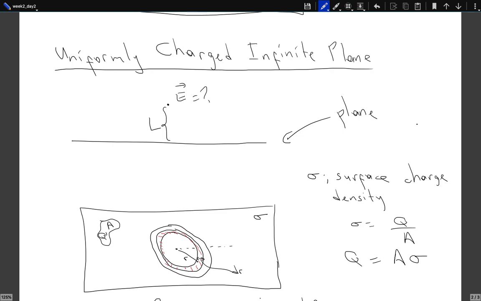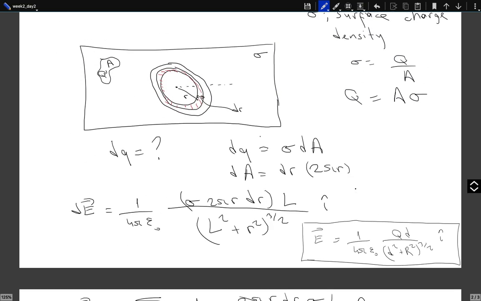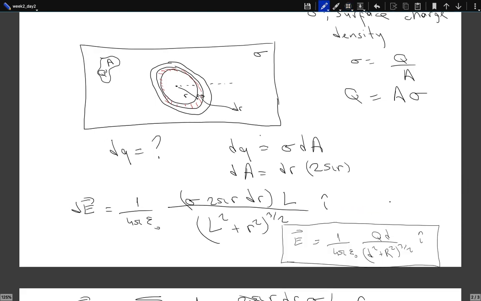Now the directions, in the case of the ring, the direction was in the I direction, which was nothing but the direction along the line passing through the center and my point.